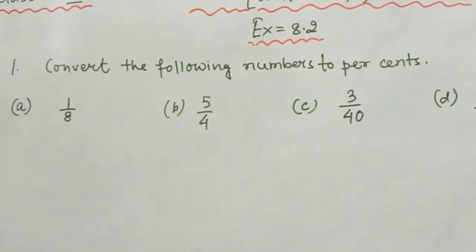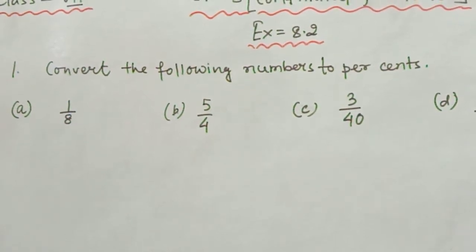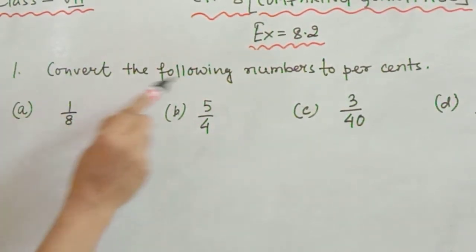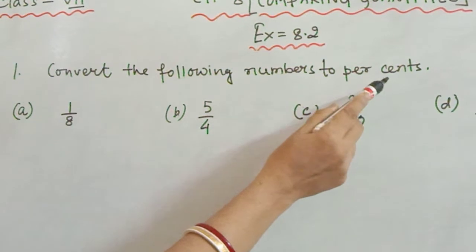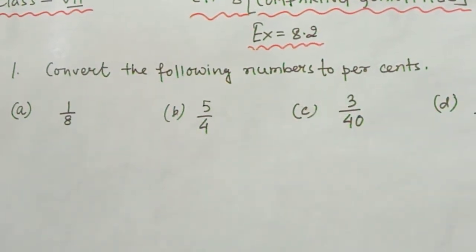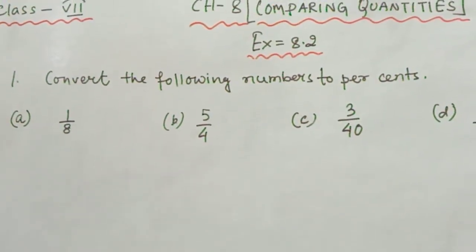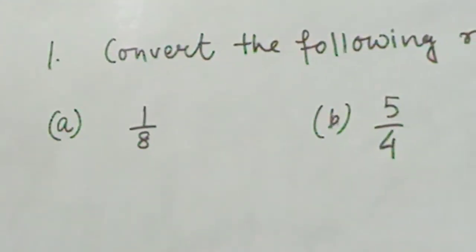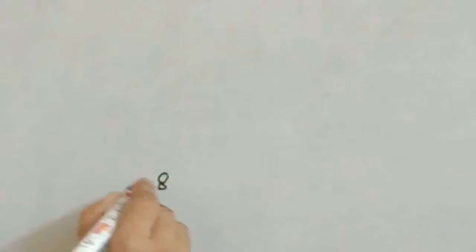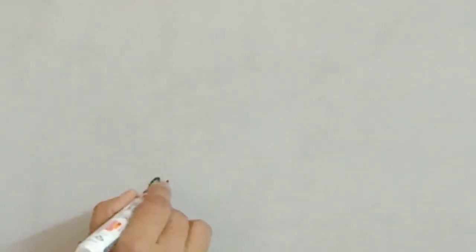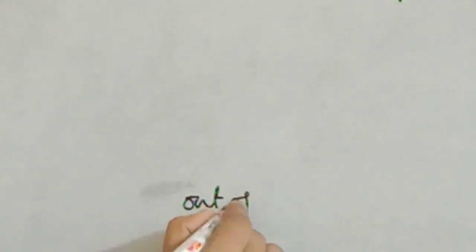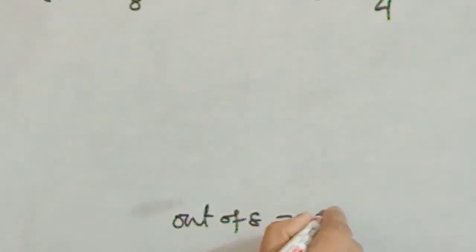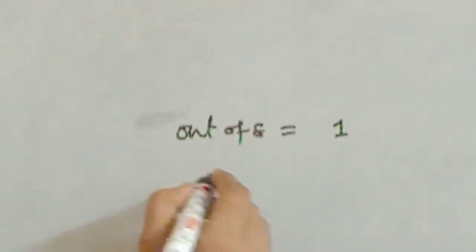Now next, exercise 8.2, question number 1. Convert the following numbers to percents. Percent means per 100, out of 100. So if the fraction is 1 by 8, if someone is getting 1 out of 8, then out of 100 how much?